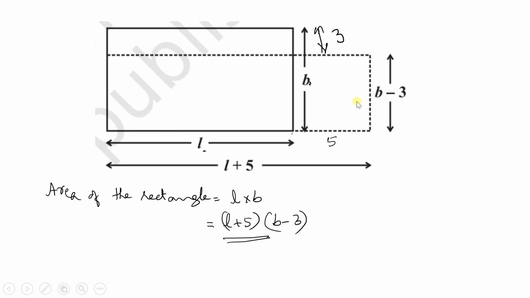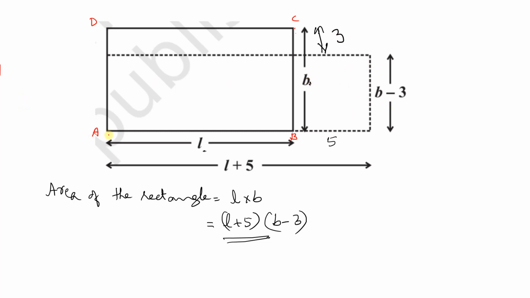Say this is rectangle ABCD, of length L and breadth B. If this breadth is reduced by 3 units, then the breadth of this rectangle would be B minus 3, since 3 is to be subtracted from the total B.